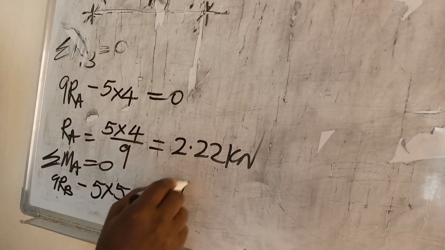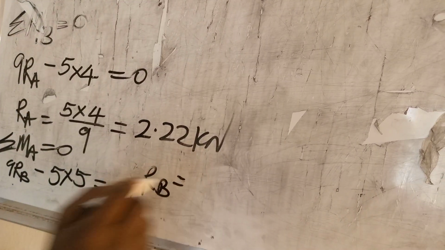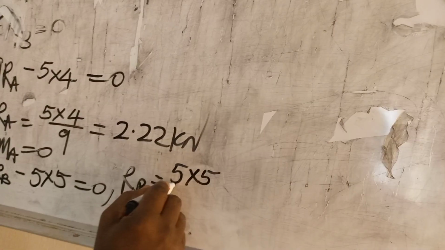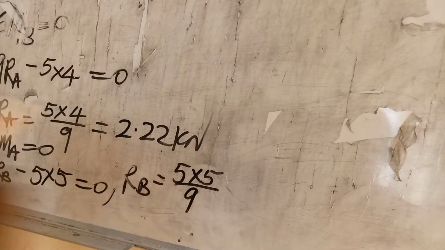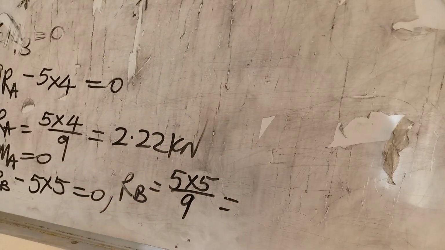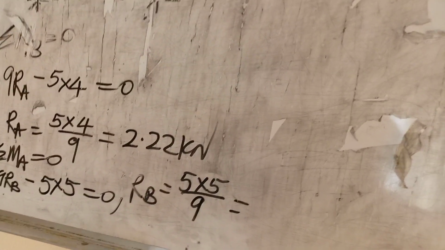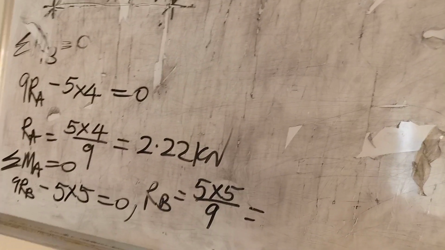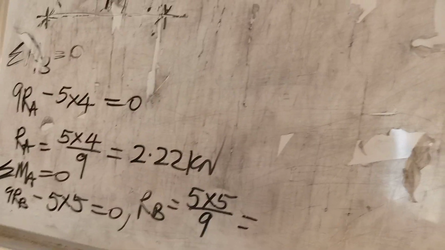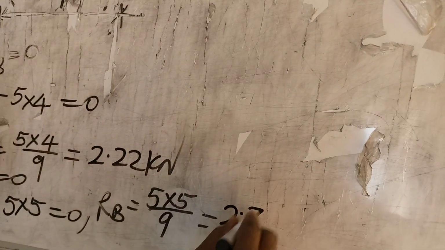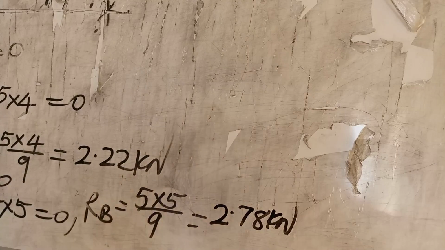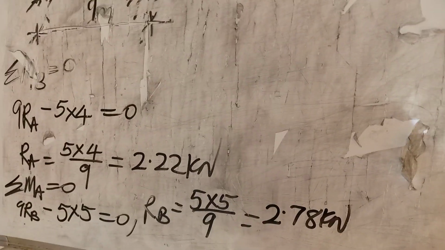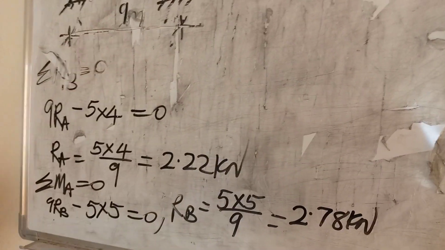That implies that RB is equal to 5 times 5 over 9, which is equal to 2.78 kilonewton. So, as simple as that, we have gotten the reactions.